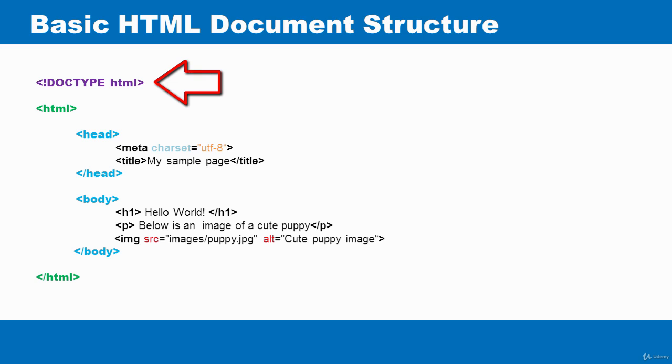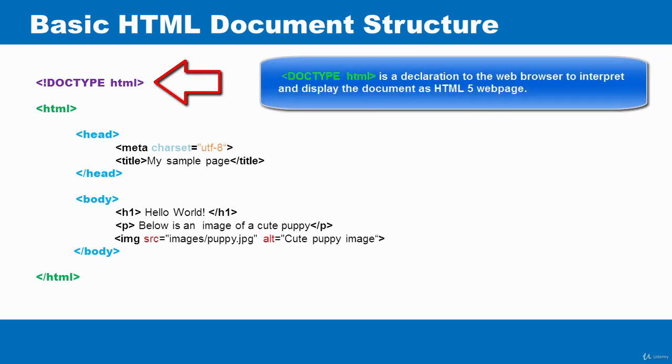The doctype is what is called a declaration. It must be the very first thing in your HTML document before the HTML tag. The doctype declaration is not an HTML tag.